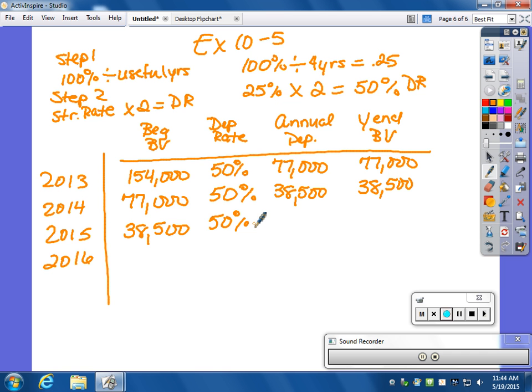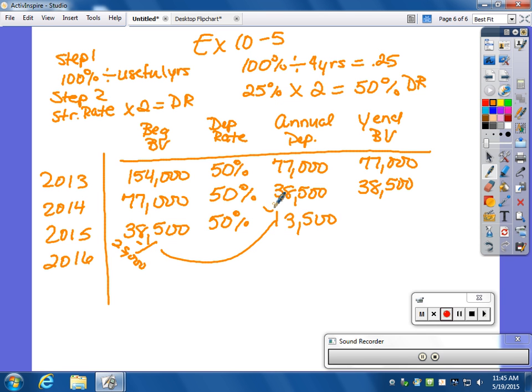It's not going to go below the salvage value. But what's missing? You just told me the salvage value was how much? 25,000. And the book value is at how much? 38,500. 25,000 subtracted from 38,500 gives us 13,500.